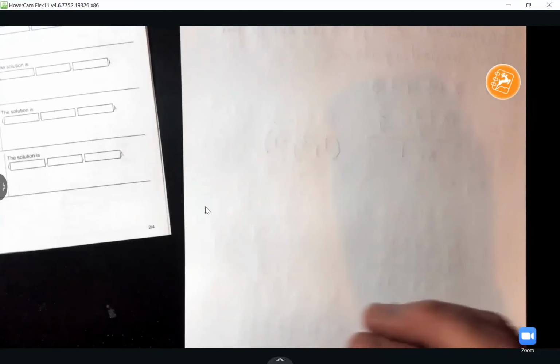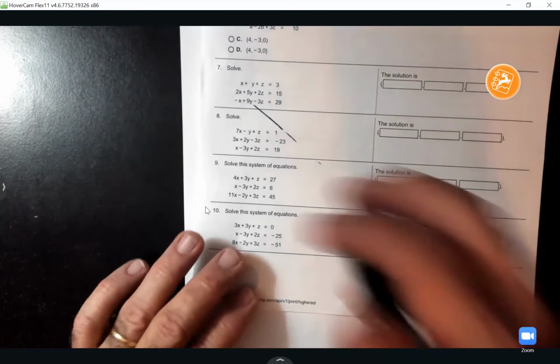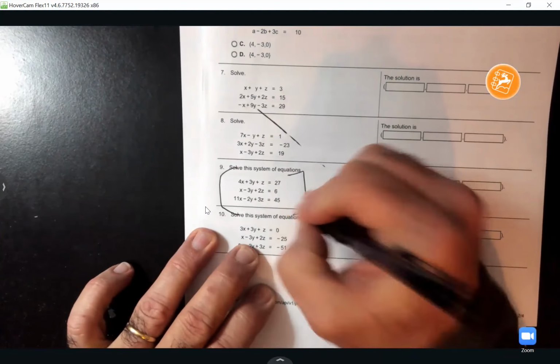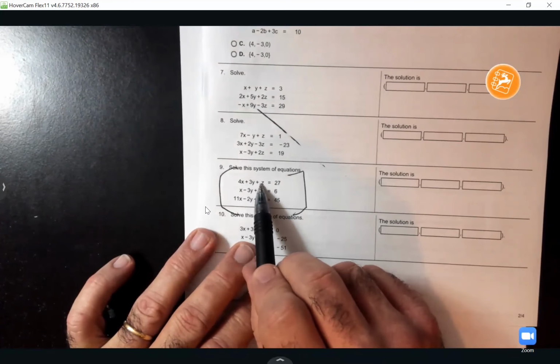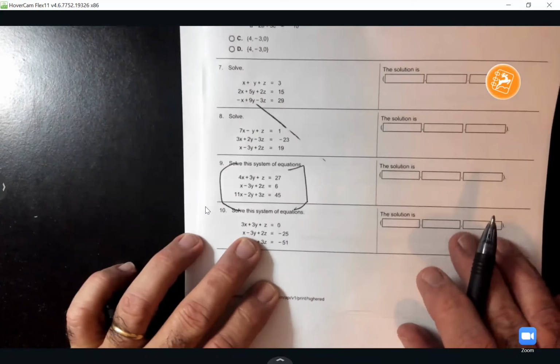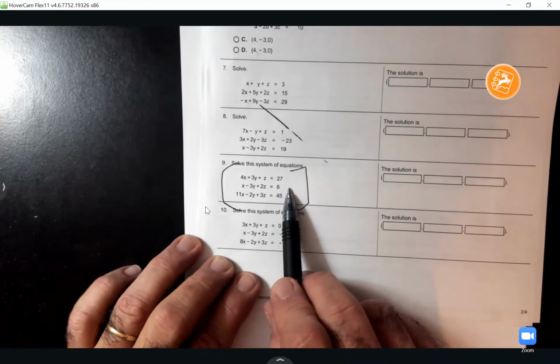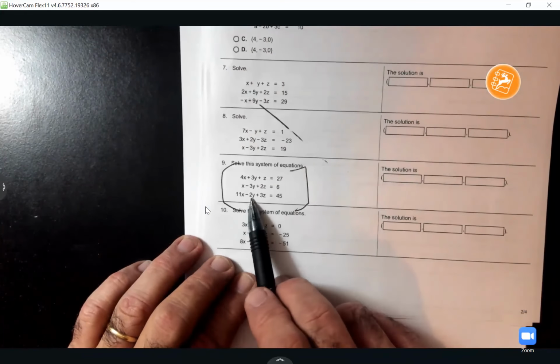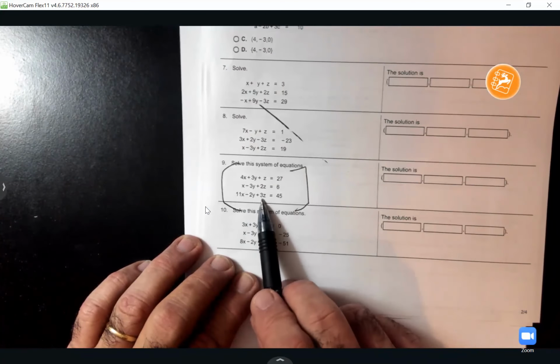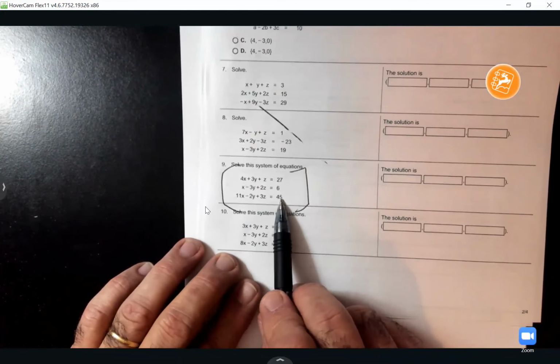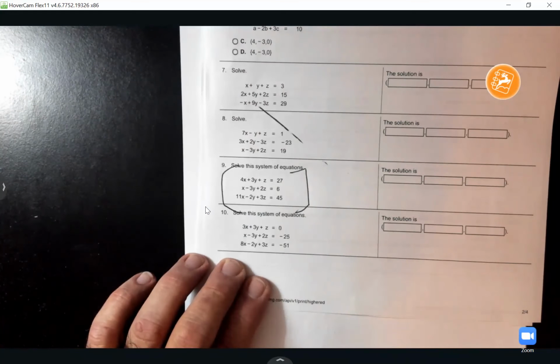I'm going to do this problem right here: 4x plus 3y plus z equals 27. x minus 3y plus 2z equals 6. 11x minus 2y plus 3z equals 45. So I'm going to go to my calculator and enter all this and then show y'all what to do.